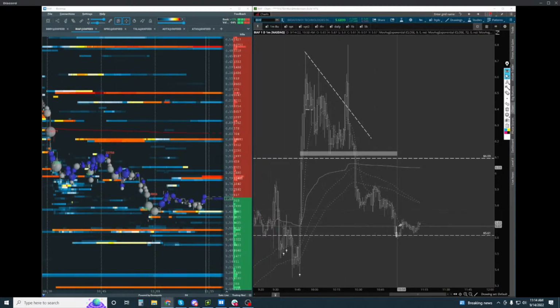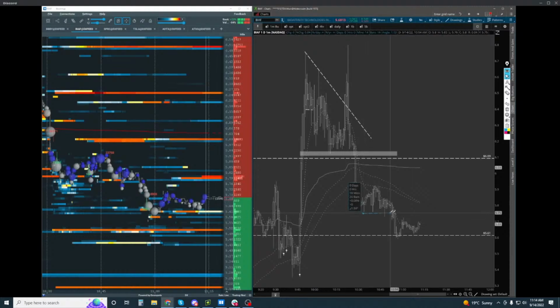All curl over here, making a higher low, but we are still in this downtrend right now.